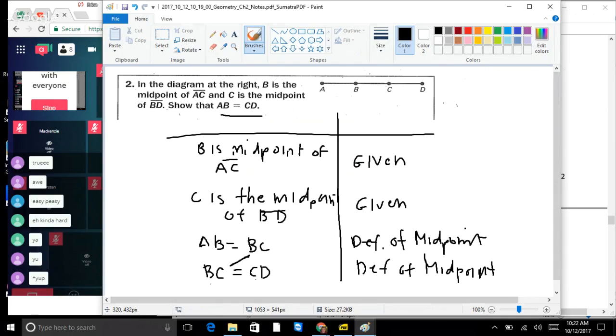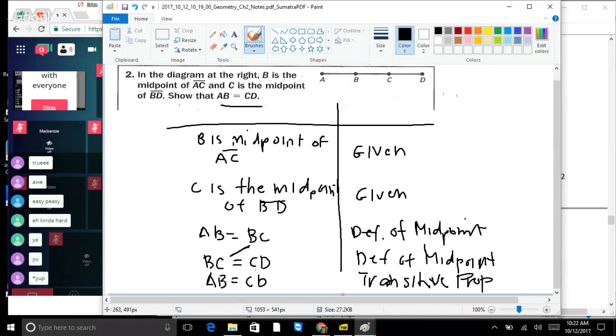And we have a property that says we can say that AB equals CD because of the transitive property, right? Sorry for the messy writing. Because AB equals BC and BC equals CD, then we can therefore conclude that AB equals CD by the transitive property. And we've shown that AB equals CD.